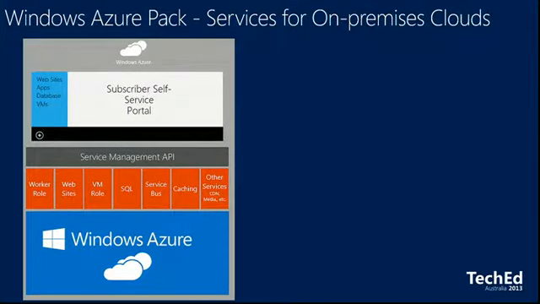So they've got a bunch of services that they run there. On top of that is the Service Management API, and on top of that sits the self-service portal, which is basically a stateless portal. That's where you interact with Windows Azure, and where you see and interact with all the stuff that you've got there. So that's what Windows Azure looks like.